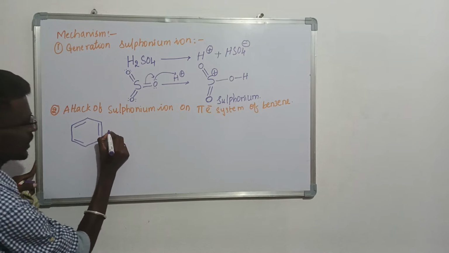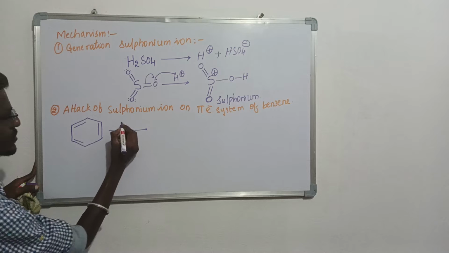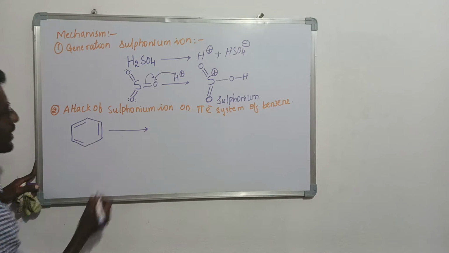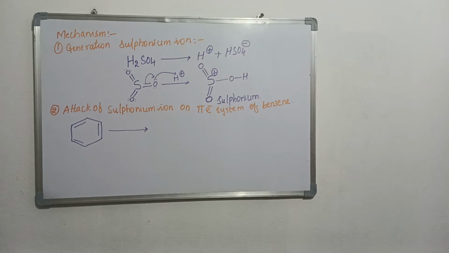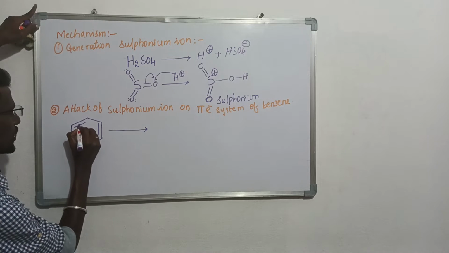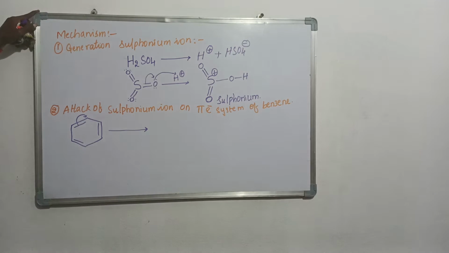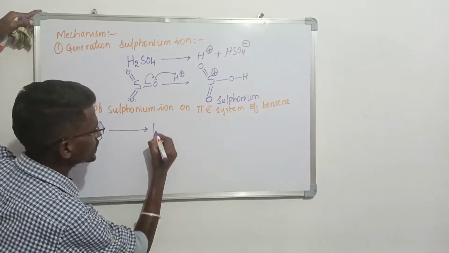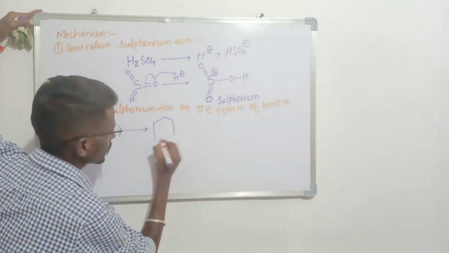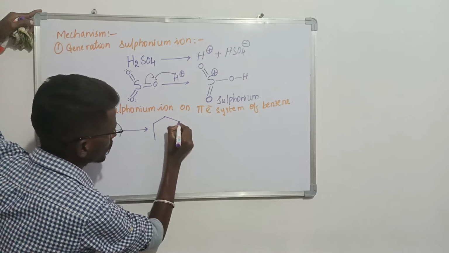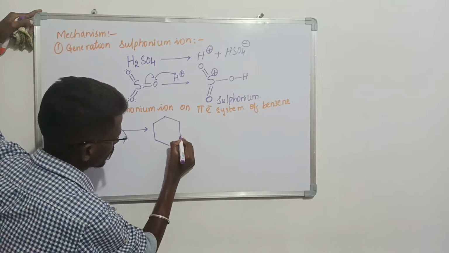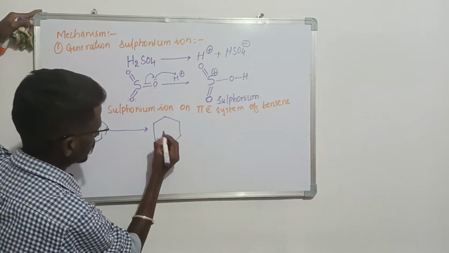By the cation sulfonium ion, these electrons are shifted towards itself, and it gets a double bond.